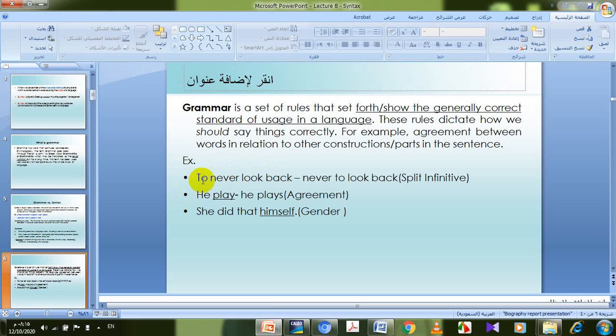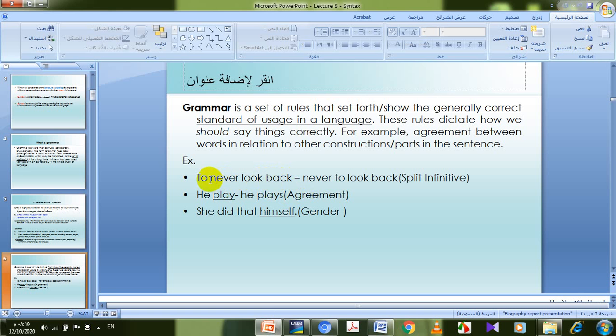To is called here the to of the infinitive, the to of the infinitive form. Nothing should separate the to of the infinitive form from the simple form of the verb, of course, which is look back.